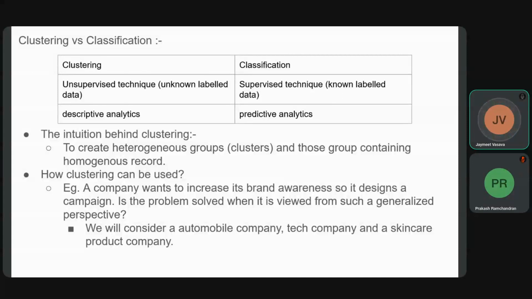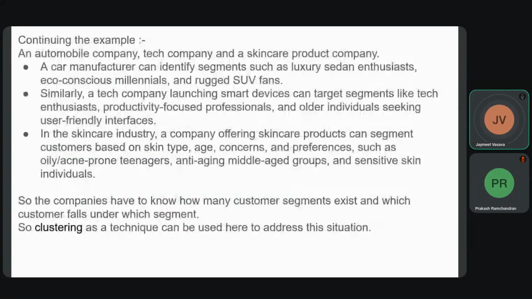So for understanding this, companies increasing their brand awareness, we'll take the example of an automobile company, a tech company, and a skincare company. An automobile company will try to identify different segments within its industry: luxury sedan enthusiasts, eco-conscious millennials, and rugged SUV fans or users.